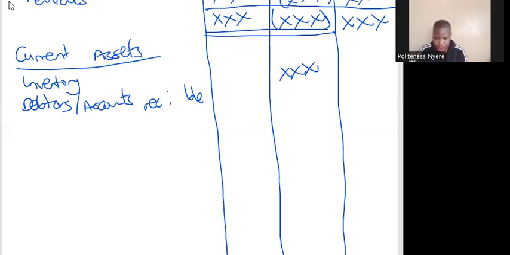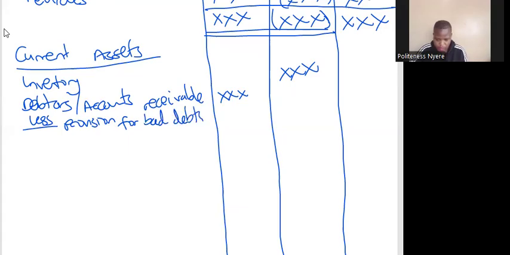Then we'll say less provision for bad debt, so that we can find our net debtors and report it in the second column.